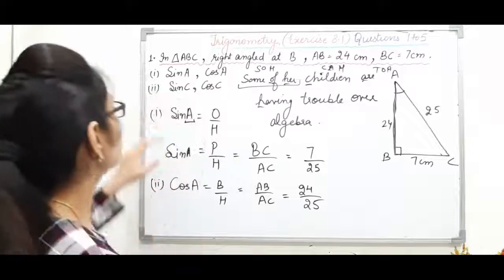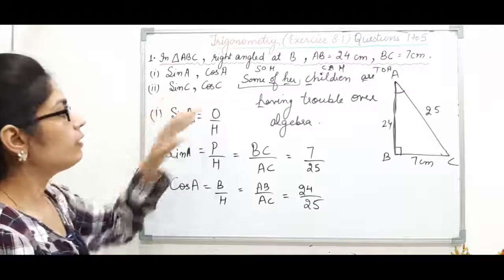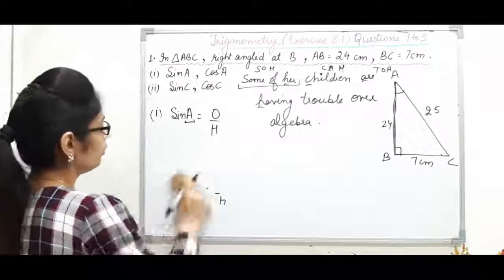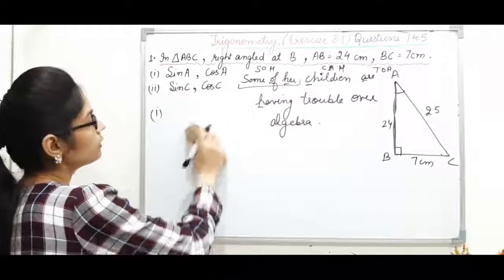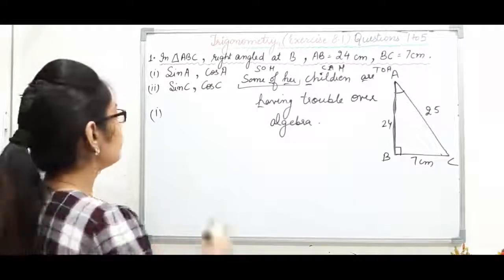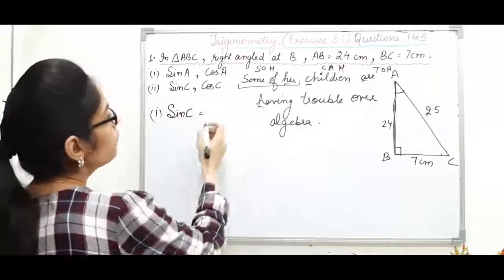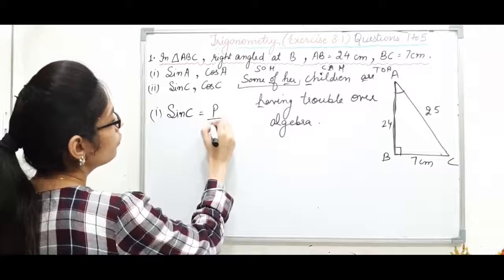Now let's do the second part, which is sin C and cos C. In the same way we have to do it, only the angles will get changed. Perpendicular and base will get interchanged. Sin C, in the same way, is perpendicular over hypotenuse.